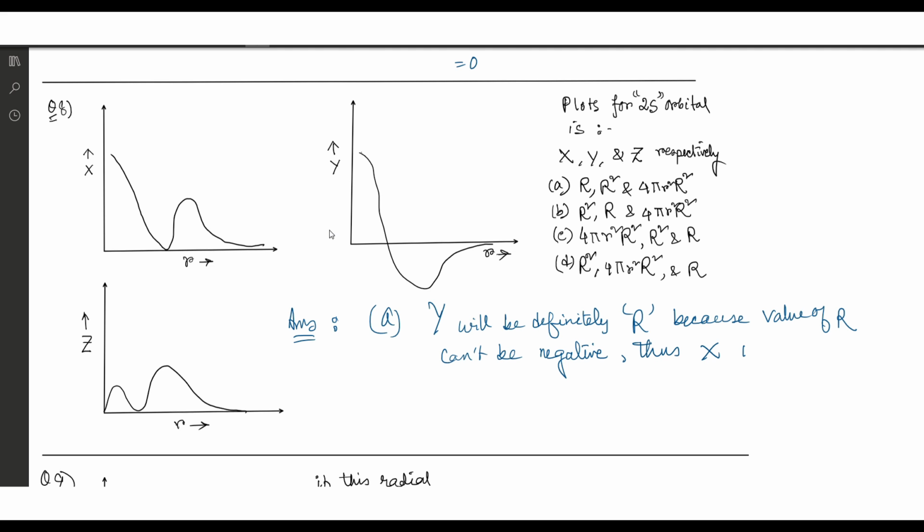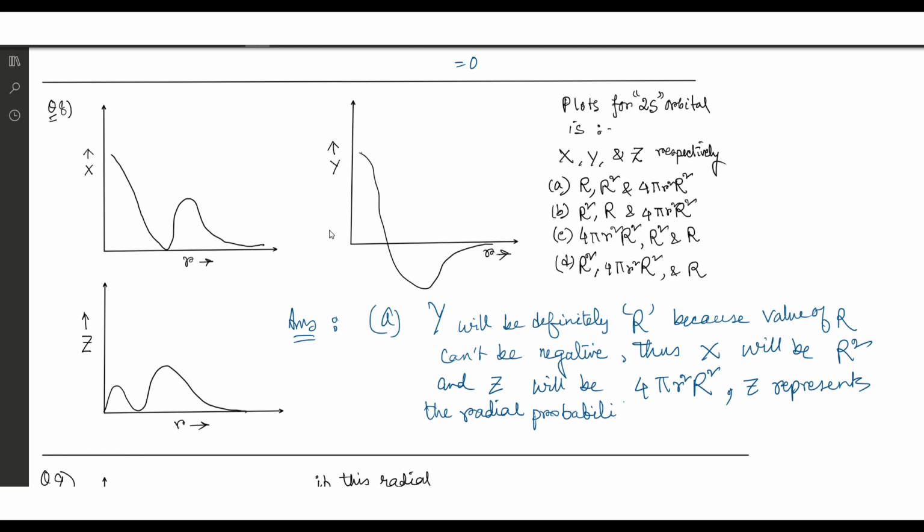Thus x will be R square, right? x will be R square, and z will be 4 pi r square, that is, z represents the radial probability function, since its value will be 0 at the origin.